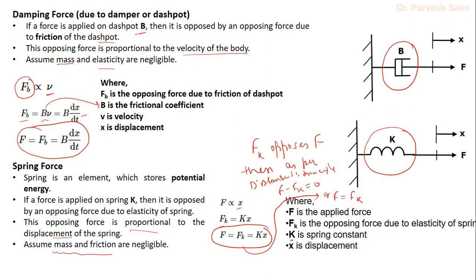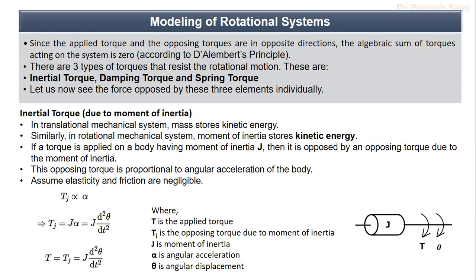So now these are the three basic elements of a mechanical system with translational motion. And in a similar manner, we have the basic elements of rotational systems also, right? Here also we can apply D'Alembert's principle.